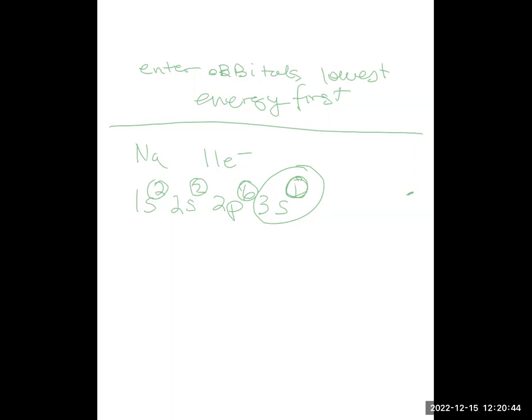And I believe that the nearest element before sodium would be neon. Okay, so the noble gas before sodium is neon. And so we put brackets around that, and that signifies the electron configuration for neon.